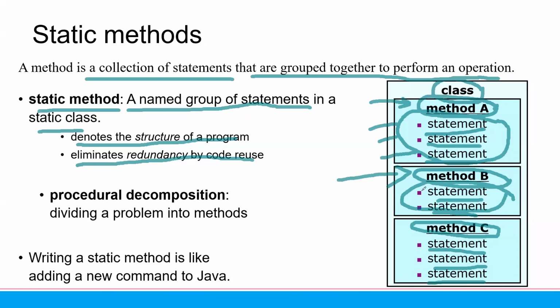So we can make one method to group all the statements. We call this procedural decomposition. So we can divide a problem into methods. Writing a static method is like adding a new command to Java.